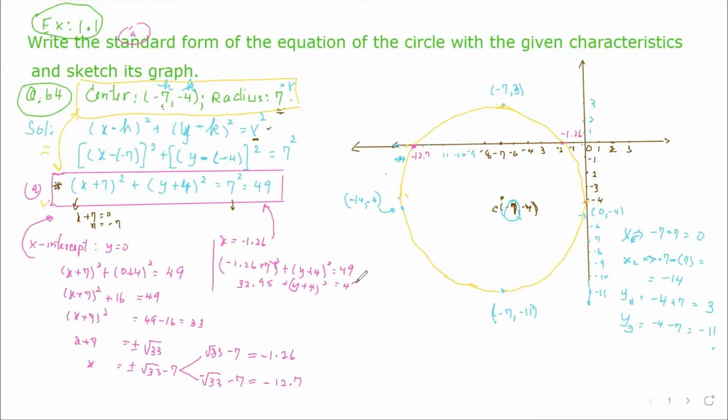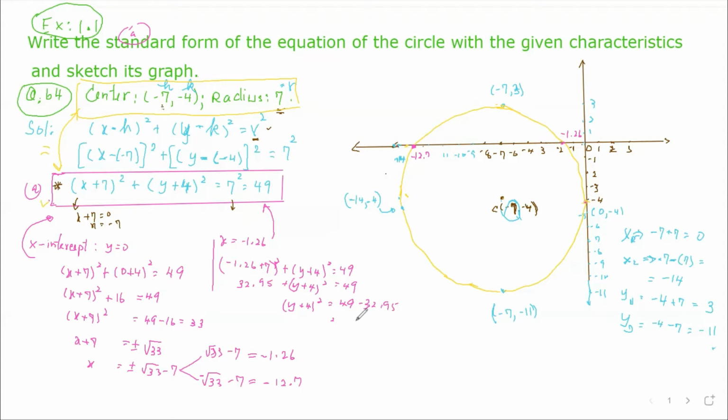So equal to 49. Then you move this one, right? So y plus 4 power 2 equal to 49 minus 32.95. We are left with about what?